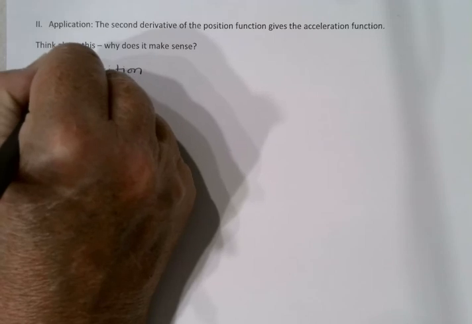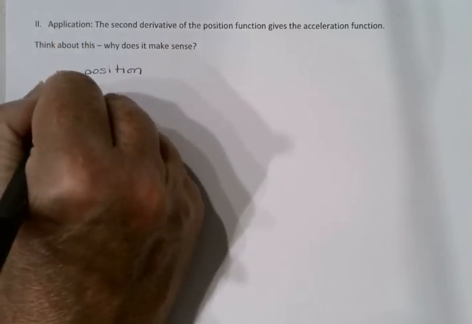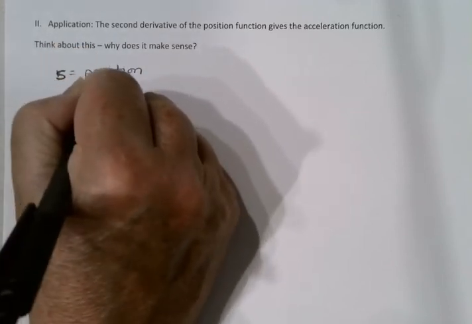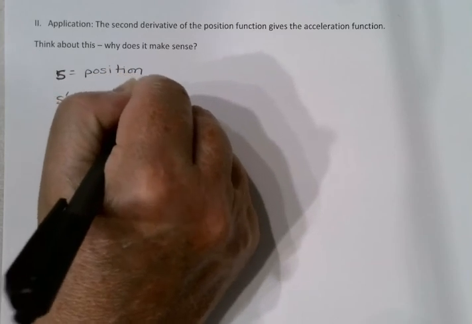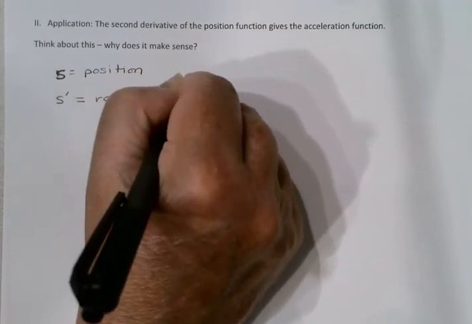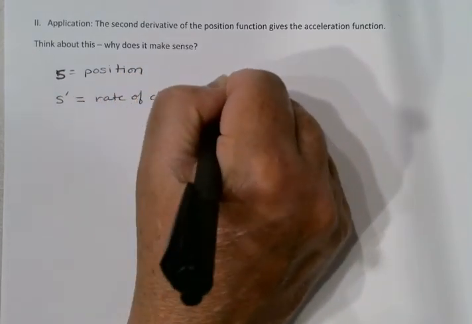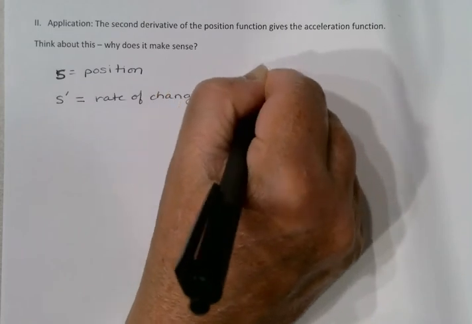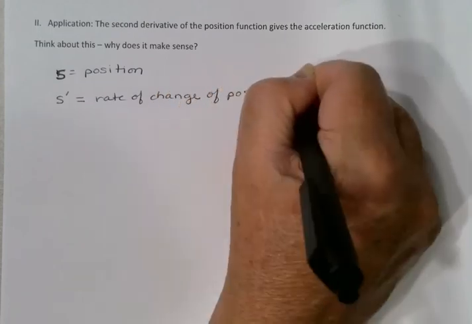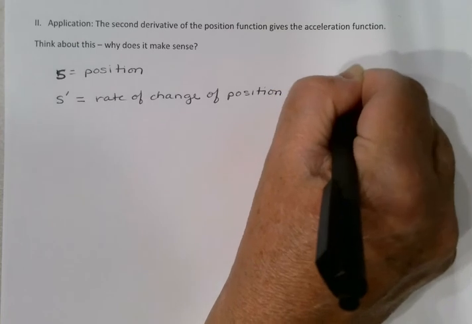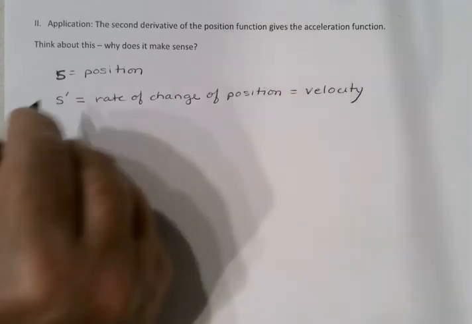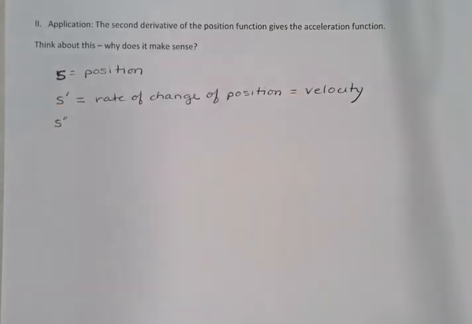If s is position, then s prime, the rate of change of position, would be our velocity. And we're saying now that s double prime is acceleration.